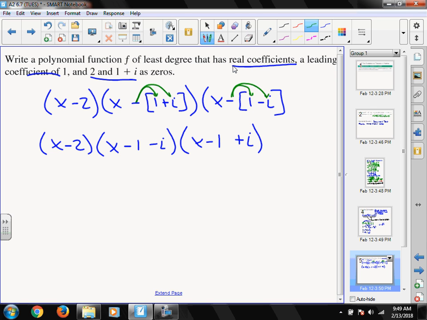And now I'm going to bracket in these last two sets of parentheses what's the same. What is the same? x minus 1. So I'm going to treat that as one piece, and this as one piece.